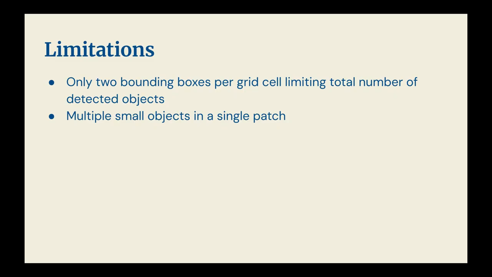So images like pills in a bottle or the contents of a pencil case, if they're small enough and all of these separate objects fall in one patch, may not be detected correctly by the YOLO model.